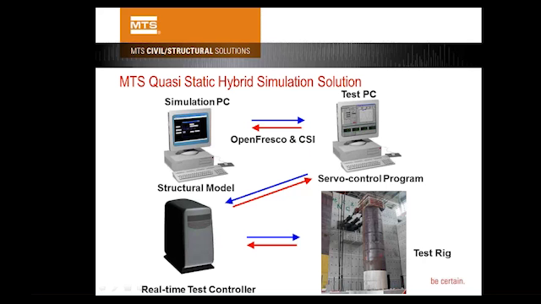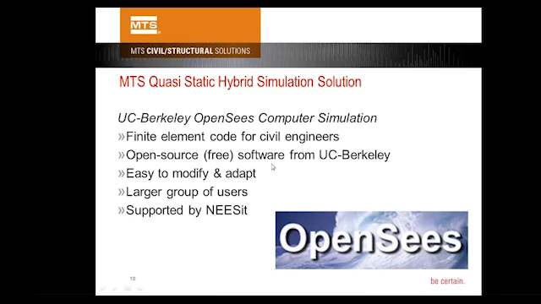That software sends the command to our controller, and then the controller executes the command and gets the feedback. So the feedback goes back the same way to the computer model, and then it calculates the next command and goes the same way.